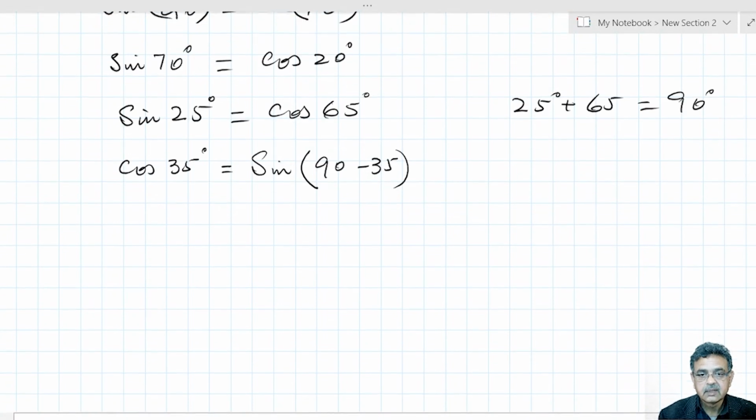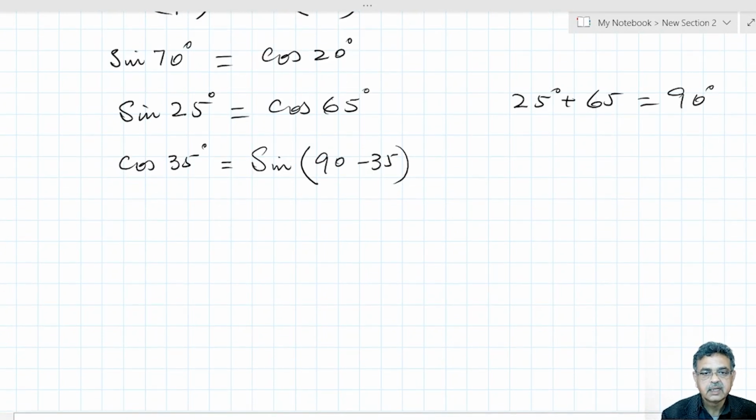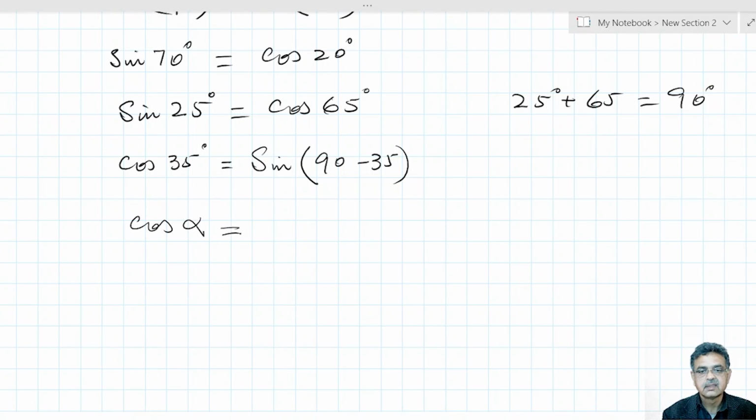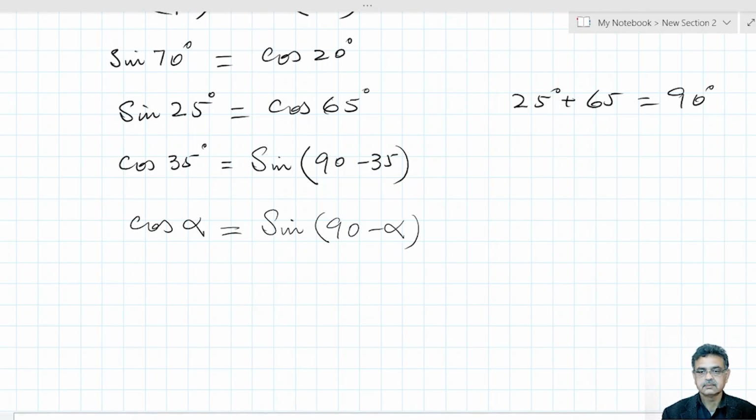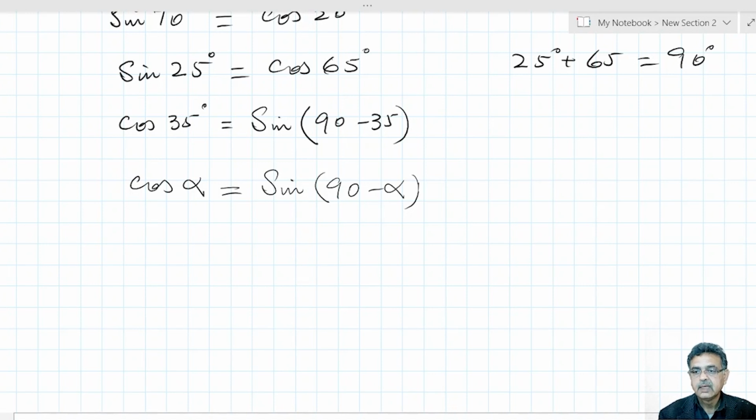From here we can make another result: if the value of the angle is not known, say cos of alpha, one thing at least we know is that the other angle will be 90 minus alpha. And what is the reason?